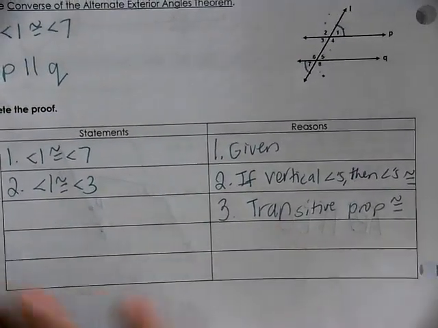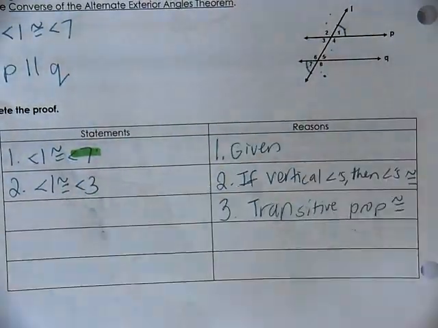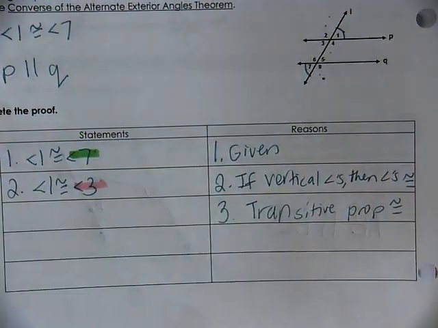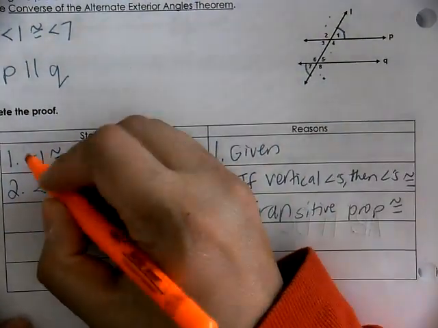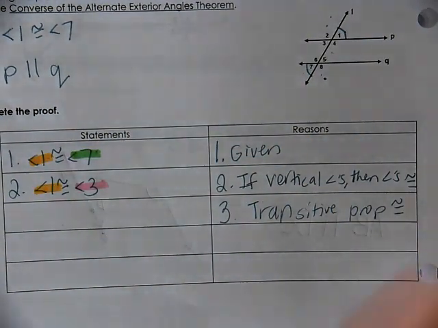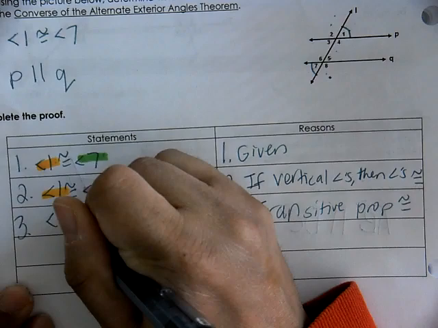And I can't do the equal one because I have no equal signs. So again, if you want to use that little highlighter trick to help you remember which things are actually congruent, this would be the ones that are the same. 7 and 3 will be the ones that end up being congruent to each other. And it doesn't matter which order you put them in. So I'll just say angle 7 is congruent to angle 3.